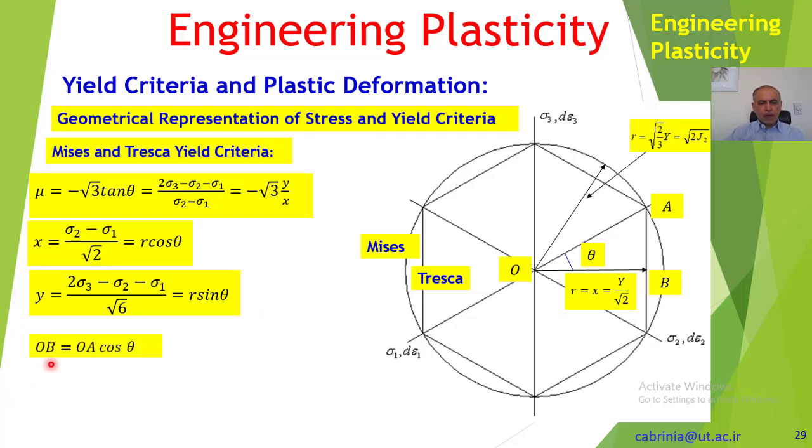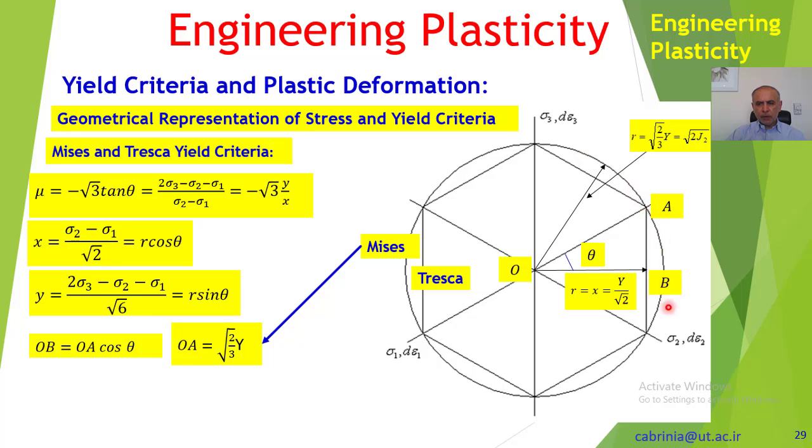In here we can say that OB is equal to OA cos theta. OB, that length in this triangle, is equal to OA cos theta. And OA is root 2 over 3 times y, because r is equal to that.